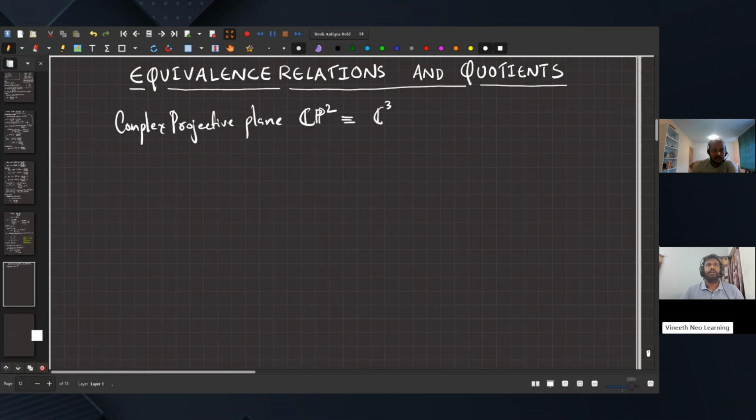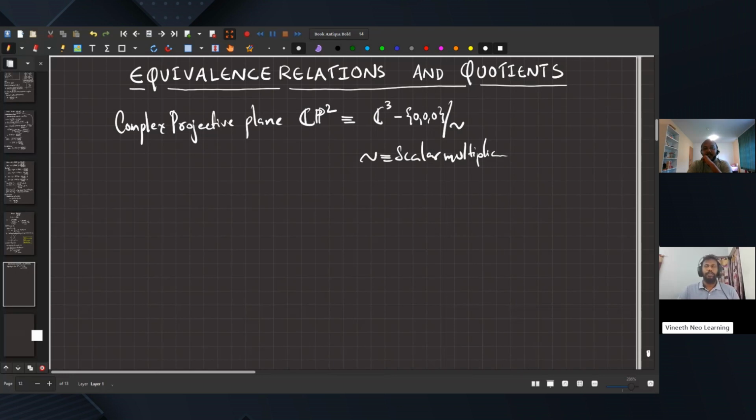It is the three-dimensional complex vector space without the origin, modded out by an equivalence relation given by scalar multiplication. So you're just spitting out jargon now. I'm telling you that these ideas are very, very important.